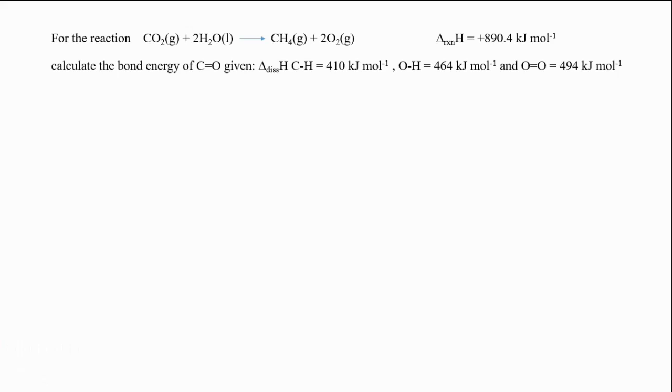For example, carbon dioxide is C double bond O, double bond O. Water, which we have 2 moles of, has 2 hydrogen oxygen bonds. For methane, we have 4 carbon hydrogen bonds. And oxygen, which we have 2 moles of, has 1 oxygen double bond.